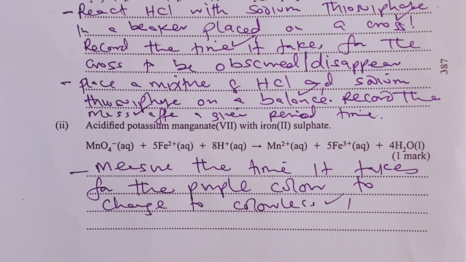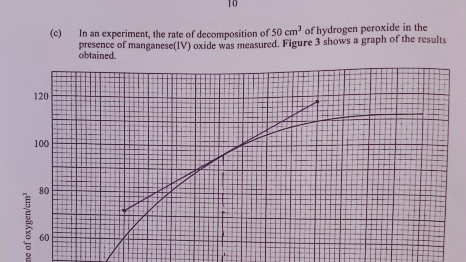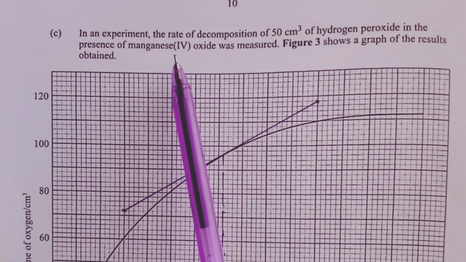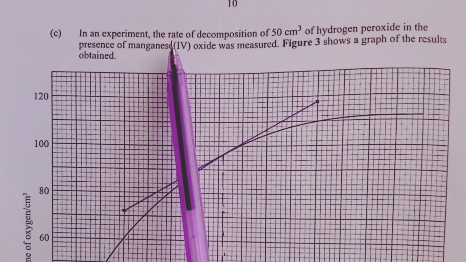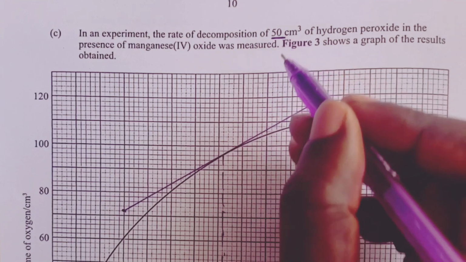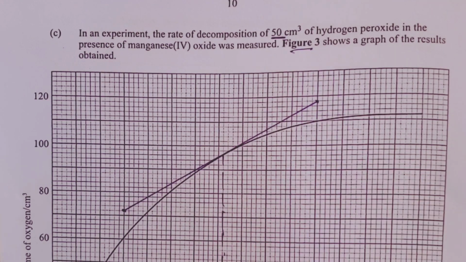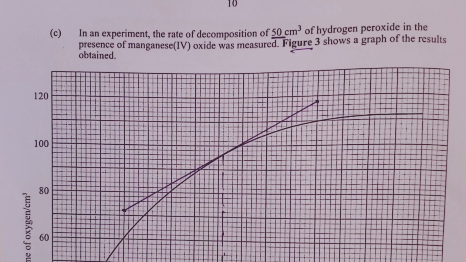We then proceed to part C of question number 4. We are told in an experiment, the rate of decomposition of 50 cubic centimeters of hydrogen peroxide in the presence of manganese(IV) oxide was measured. We have figure 3, which shows the results of the experiment.